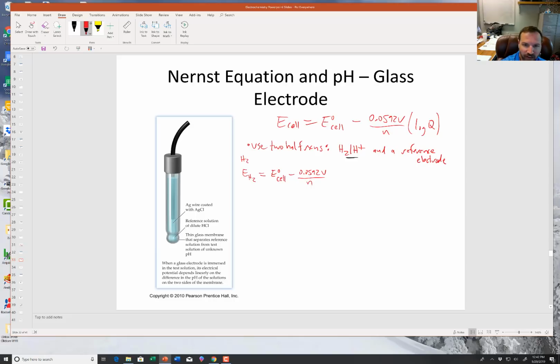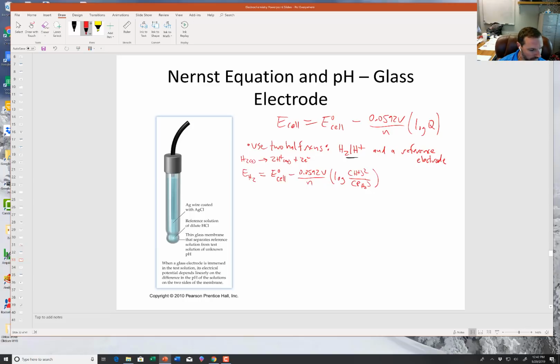So we have hydrogen gas oxidizing to form hydrogen ion plus 2 electrons. And so we know then that we would have log of H+ squared over pressure of hydrogen. So that would be our Q expression.